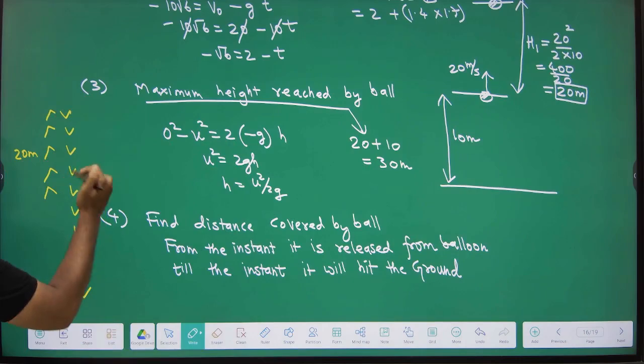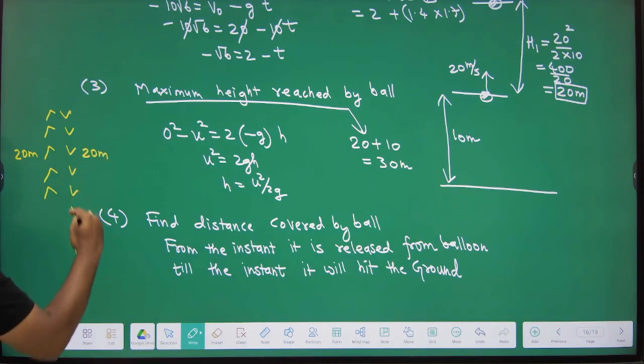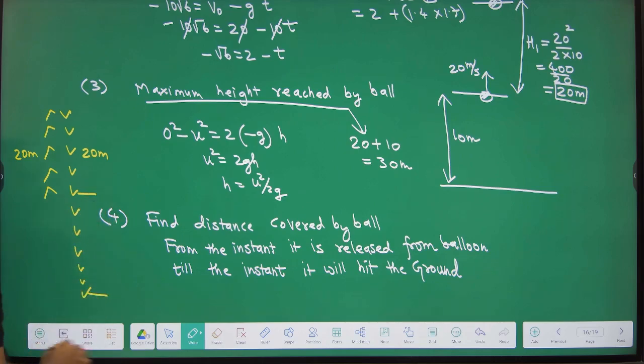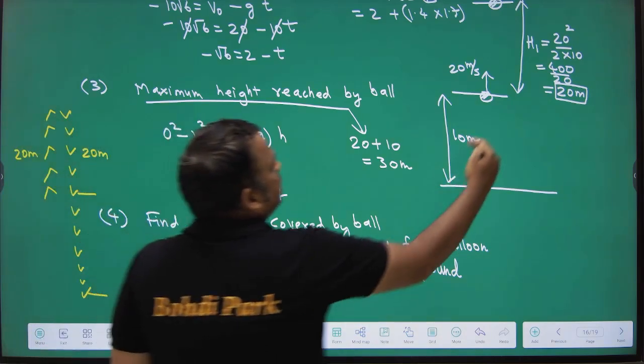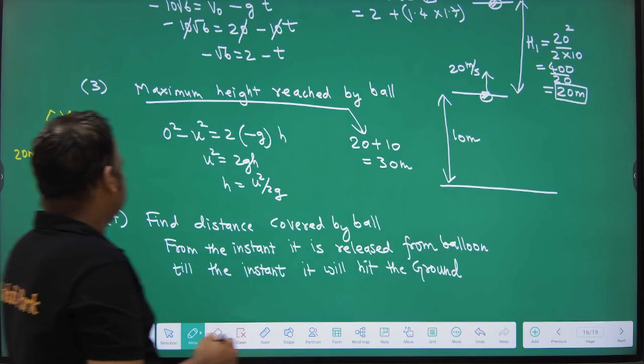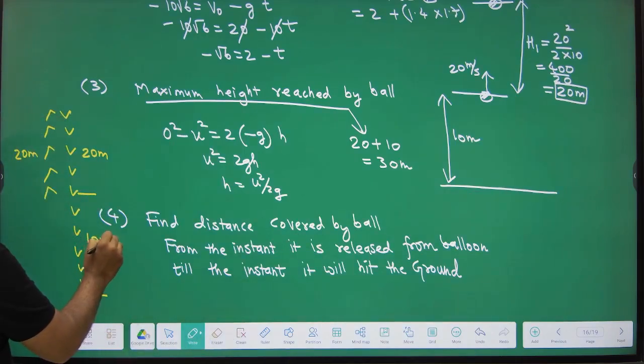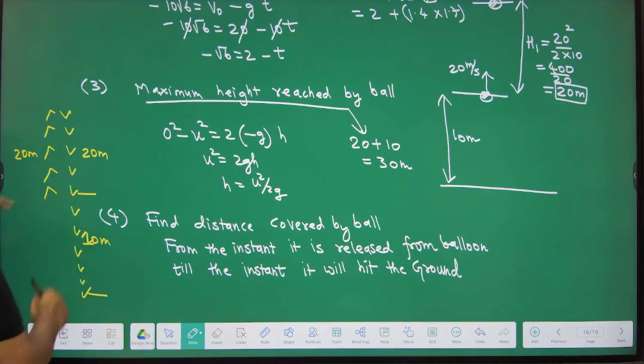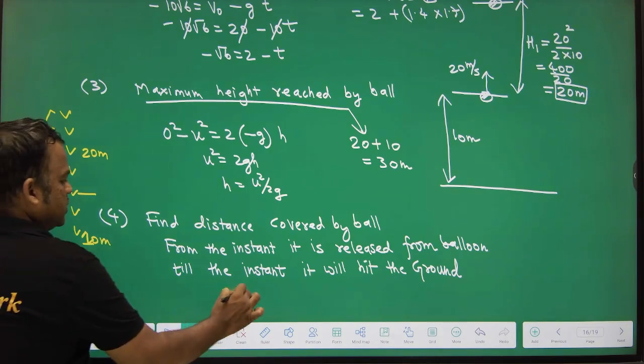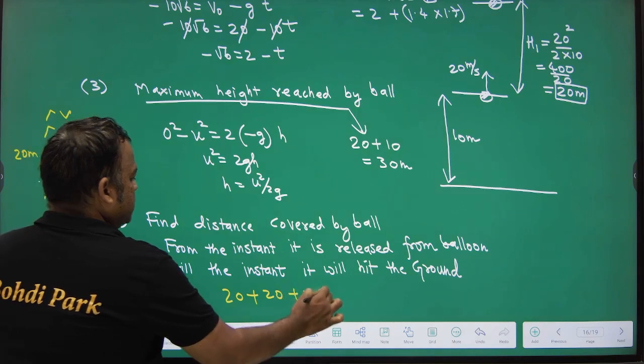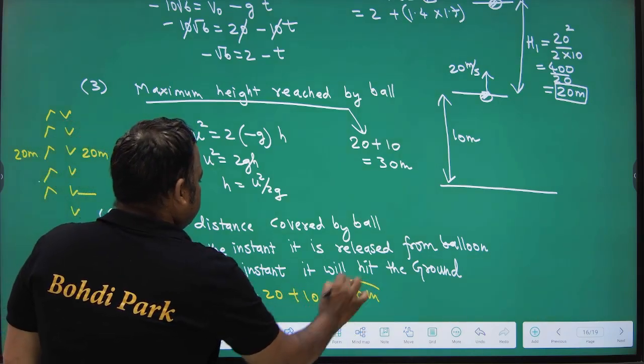Then it will come down 20 meter, and further it will go 10 meter. So total distance will be 20 plus 20 plus 10, so that is equal to 50 meter.